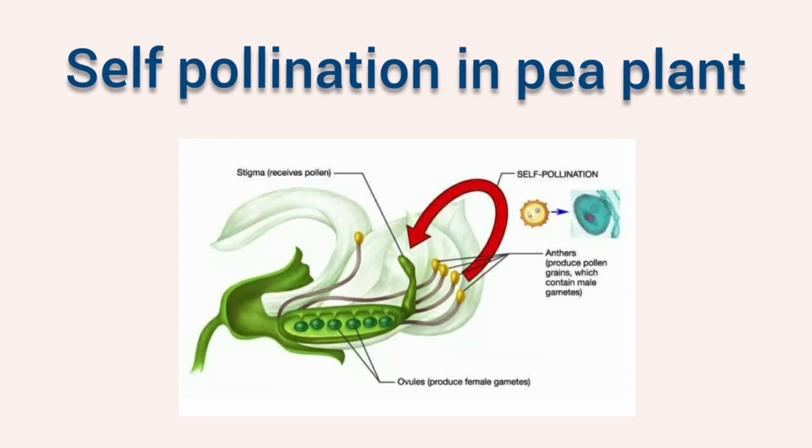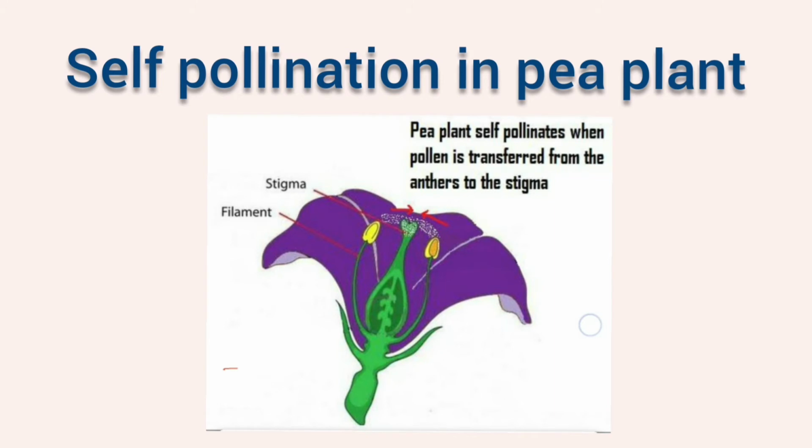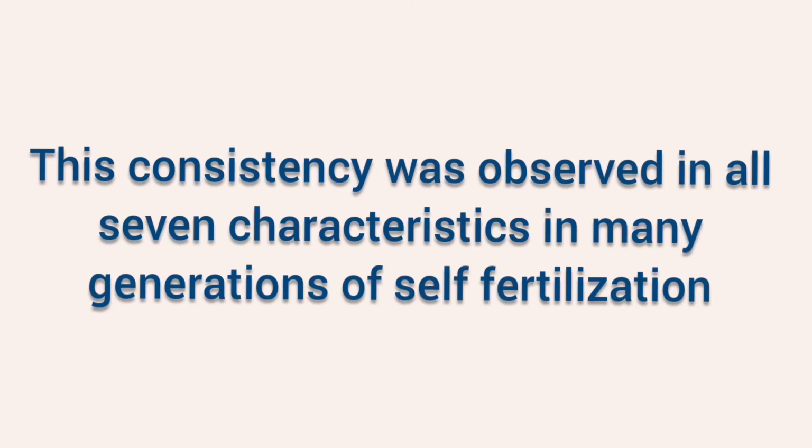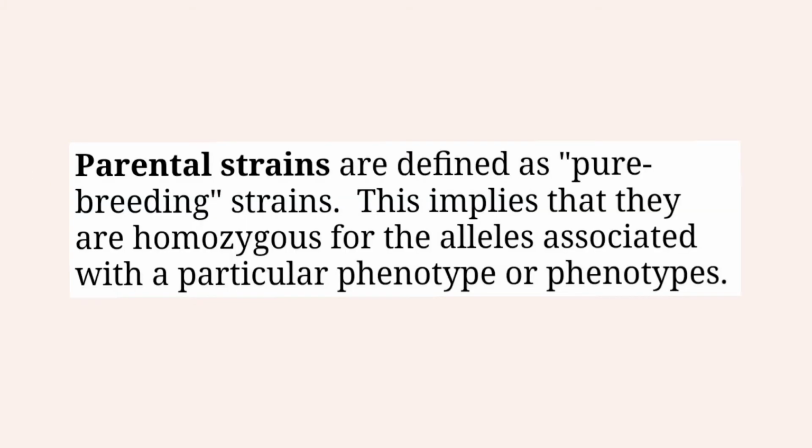Mendel allowed the plants to self-fertilize and he verified the purity. For example, tall plants gave rise only to tall offspring. All the 7 characteristics were consistent in generation after generation of self-fertilization. These parental lines could be considered homozygous.